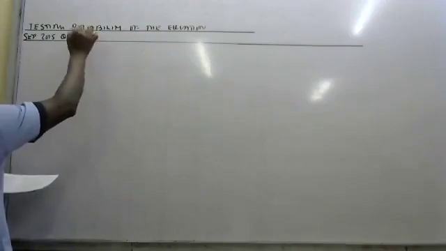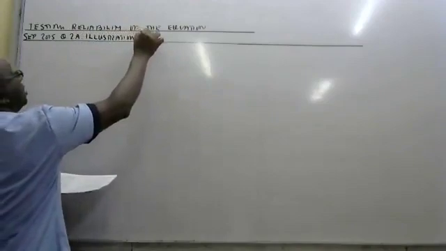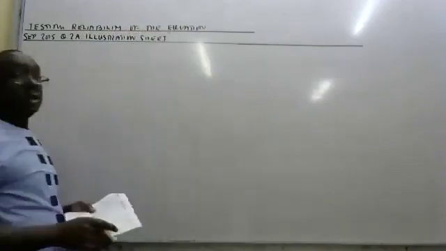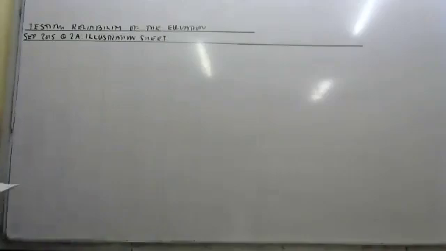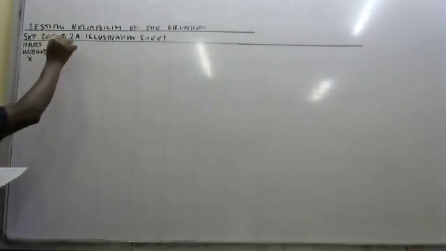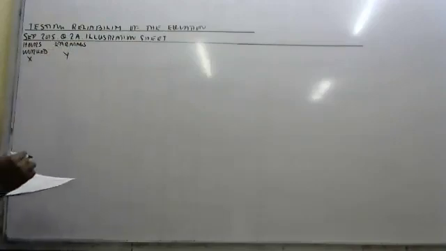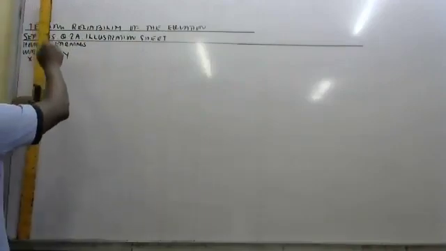And this one, I'm calling it our illustration sheet. So the first column is the hours worked, which we are going to call X. Then we have earnings, which we are going to call Y.